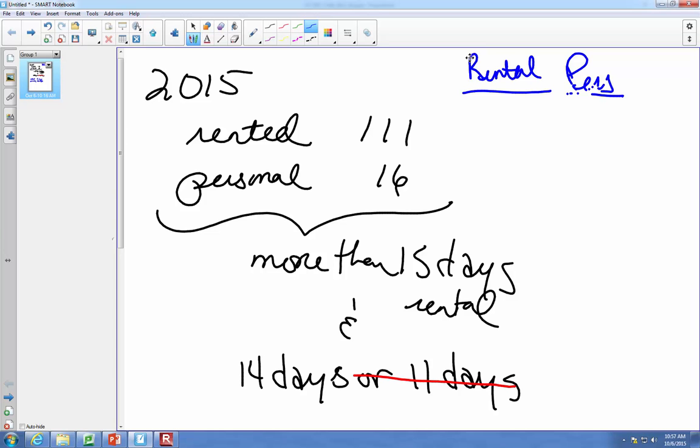But first we have to figure what percentage is rental and what percentage is personal. What percentage is rental? Did you guys get that? 111 divided by 127 and 16 divided by 127.